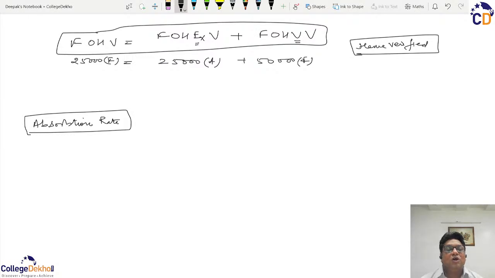And therefore, because of the change in the basis, we can always add more and more variances to this concept of fixed overhead variance. So for example, when I took only two variables, that is the overhead and the output, then we use the word two-way analysis.